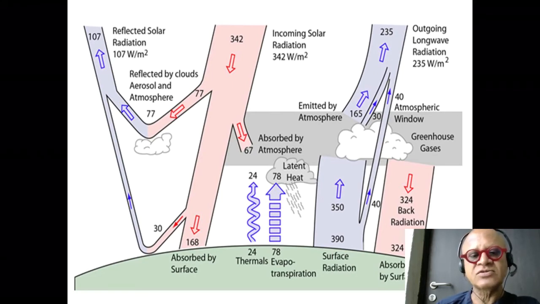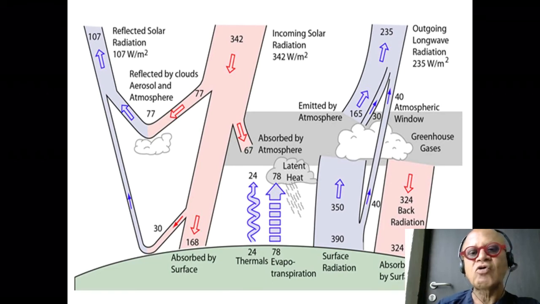So you take this 168 and 68 and you then do the balance to see that you send out the right amount of long wave, which has to be 342 minus 107, obviously, to balance at long time scales. So you have 235 net short wave and then 235 net long wave.